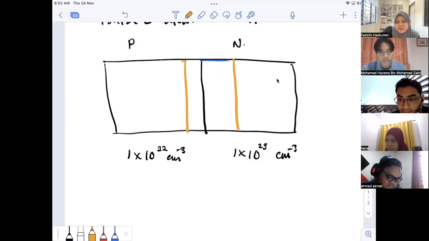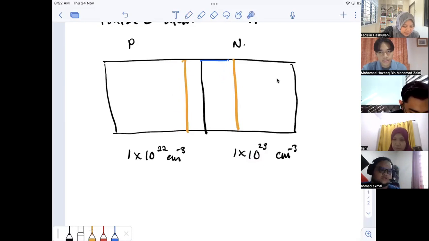First, because the N is more than the P, 10 to the power of 23, rather than the P, which is 10 to the power of 22. Because of that, the composition of the electrons and holes is different between both regions.